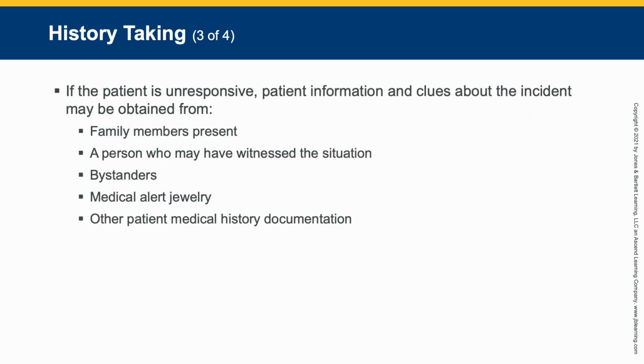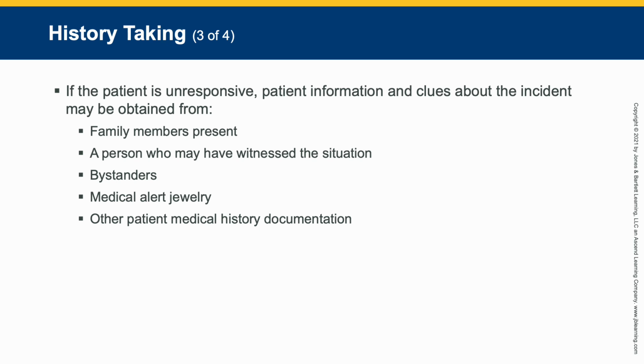Now if the patient themselves is alert, okay, you're going to ask questions directly, but if the patient is unresponsive or confused, in that case, you're going to gather history from family members, friends, bystanders, or really anyone else who might know what happened.